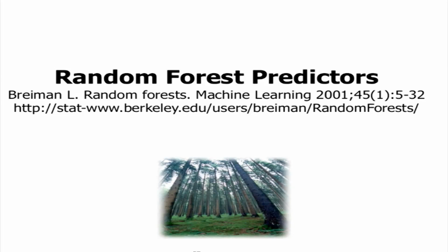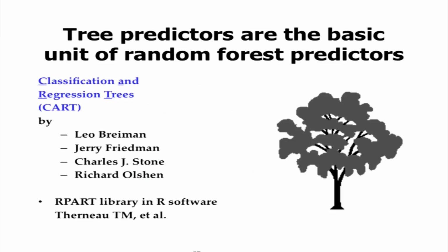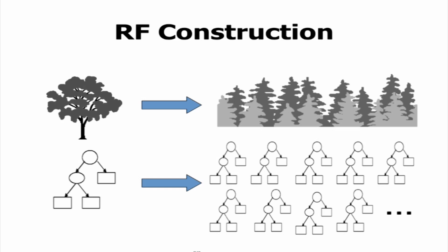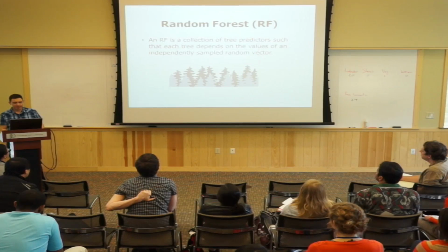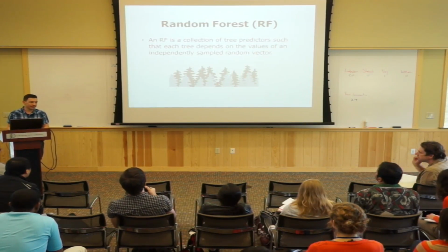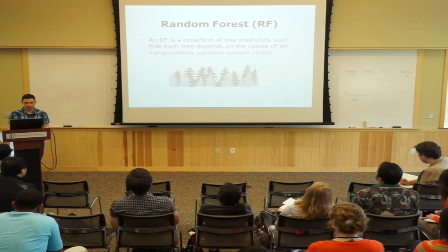It was developed by Leo Breiman, and it's called random forest because it is based on tree predictors. So instead of looking at one tree, we get a forest comprised of individual classification trees. The random forest predictor is based on individual trees, but notice there's another adjective, random. There's an element of randomness.